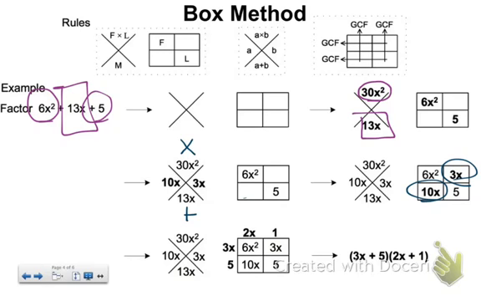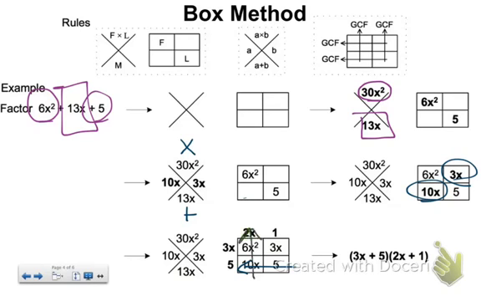And then they just go in the two parts of the box that we haven't filled in yet. And then you're just reversing that. You're essentially looking for what were those factors from the binomial, the terms that got written on the box to begin with. And to do that, you look for the GCF of each pair. 10x and 5, their greatest common factor is 5. 6x squared and 10x, their greatest common factor is going to be a 2x.